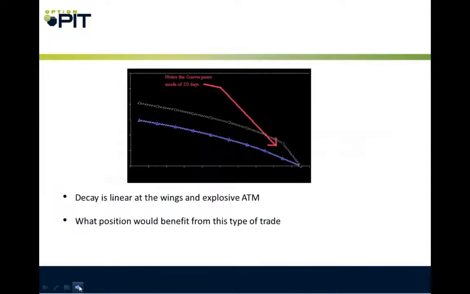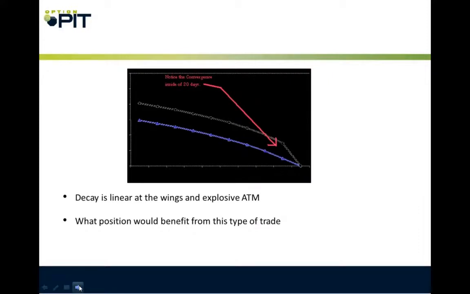All right, so just remember that in the weeklies, wing decay is basically linear, and at the money is explosive. Now, there's one other piece to this, and I know I've talked about this. It's the gambler's price that gets permanently priced into an option.